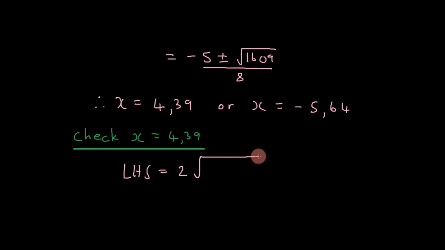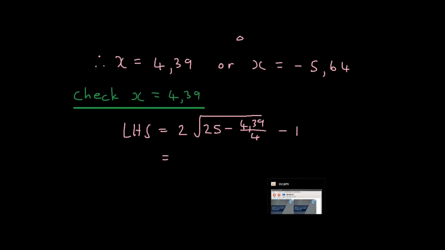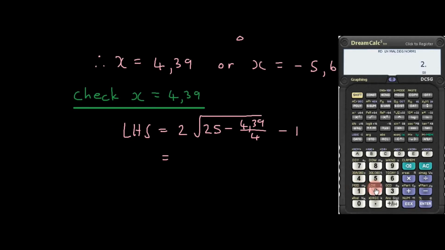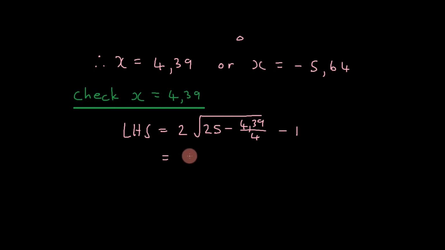So twice the square root of 25 minus 4,39 over 4, minus 1. And this we can work out on a calculator. And it comes to 8,78.